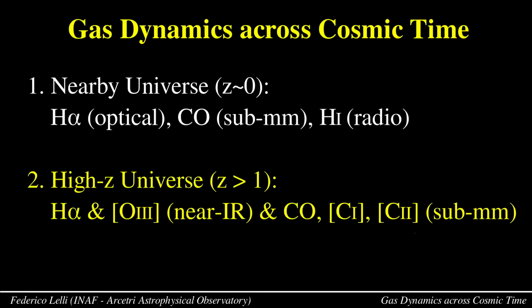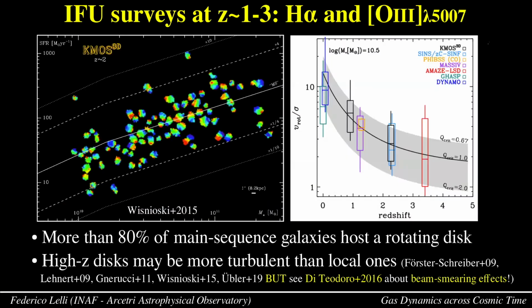Now let me move to the high redshift universe, discussing results from near-infrared and some millimeter surveys. Over the past 10 years, there's been really an enormous progress, thanks to integral field surveys at redshift 1 to 3 using the H-alpha and O3 lines. In my opinion, there have been two key results.